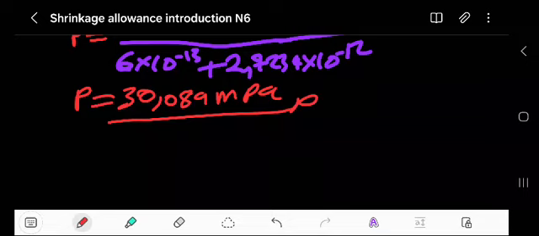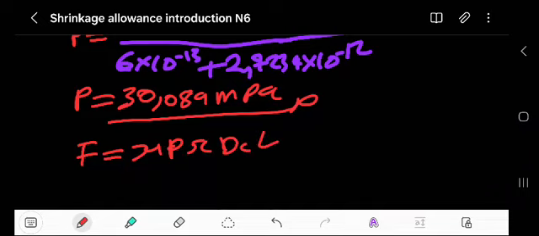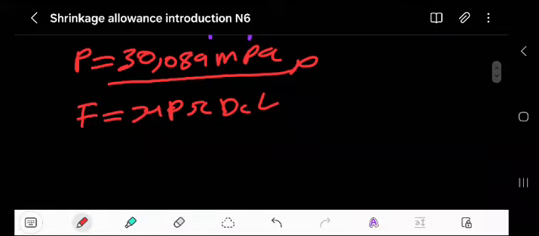We have that P now. We wanted to calculate the force, the force is equal to this. Now we have our pressure. The coefficient of friction we have been given to be 0.4.